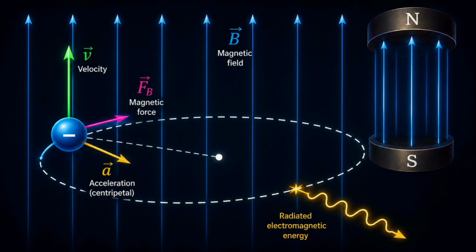This is the fundamental idea behind radiation from charged particles moving along curved paths. In more advanced physics, this phenomenon becomes especially important in particle accelerators, where rapidly moving electrons can produce synchrotron radiation.